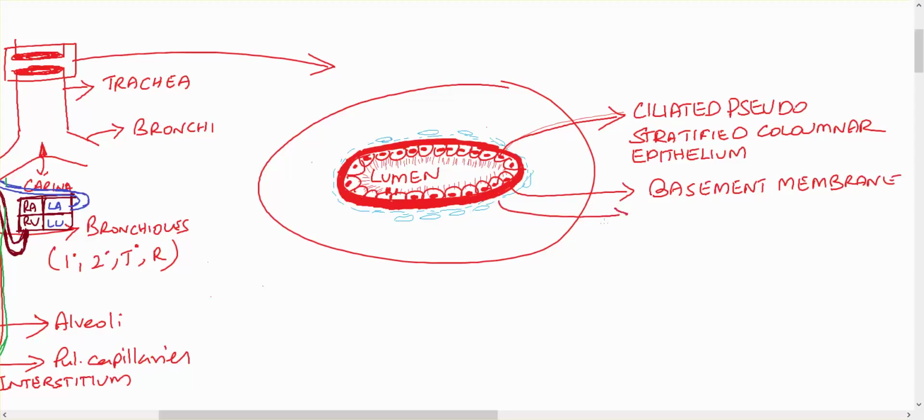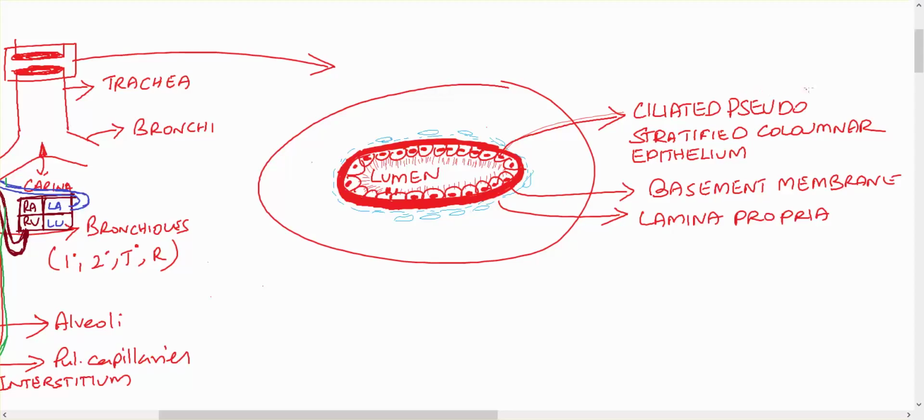Then this small connective tissue and blood vessels are called the lamina propria. Below that we have very dense connective tissue.